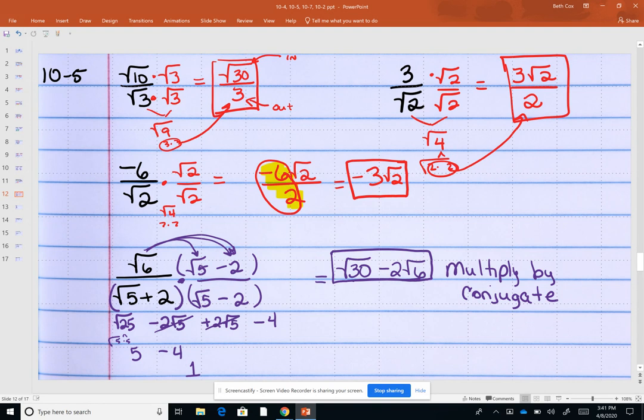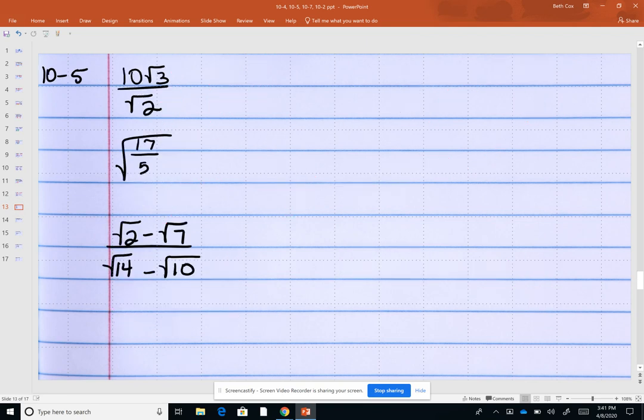Let's look at a couple more. All right, we've got 3 more here, looking a little different in what they're doing. And so we will try these. Okay, here we go. The first example, again, I've got the square root of 2 on the bottom. So I'm going to multiply the top and the bottom by that. That's going to give me 10 times the square root of 6.